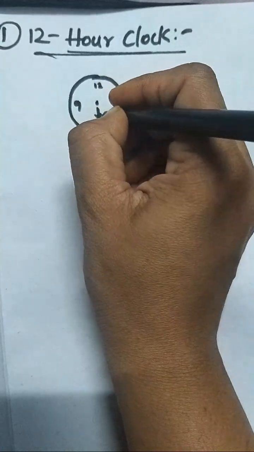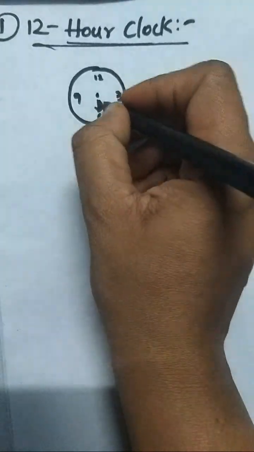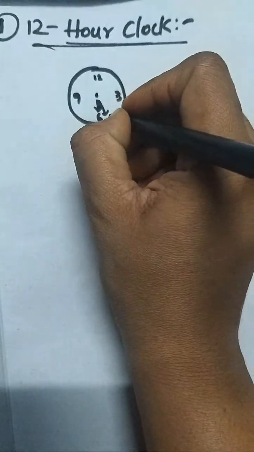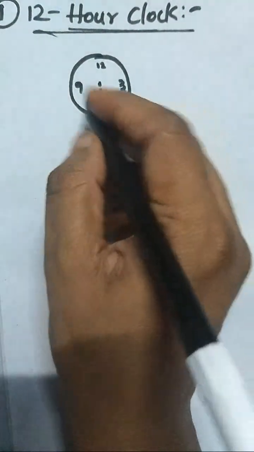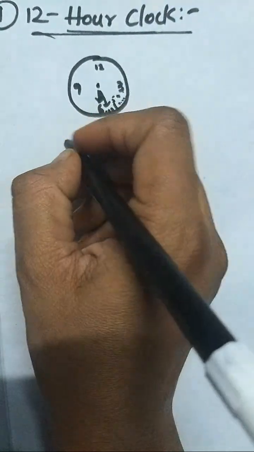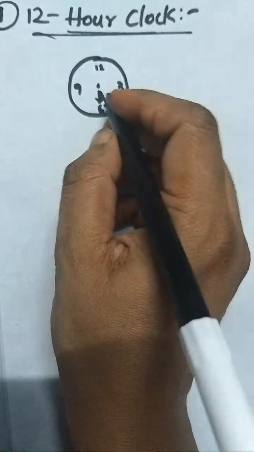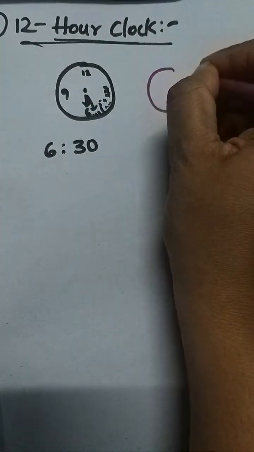If I am doing the hours and minutes, two pointers are on the same number. This clock is showing the 12-hour clock and the time showing is 6:30.